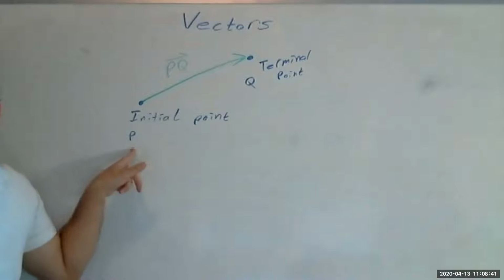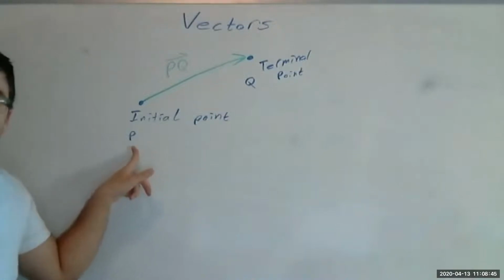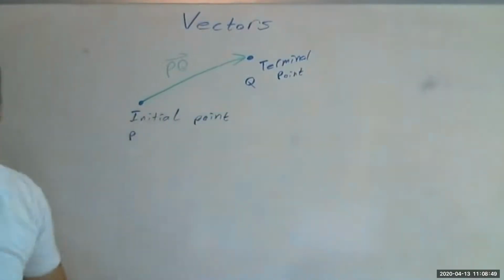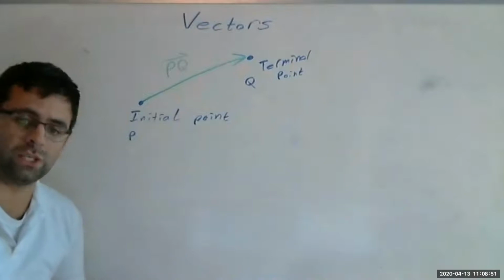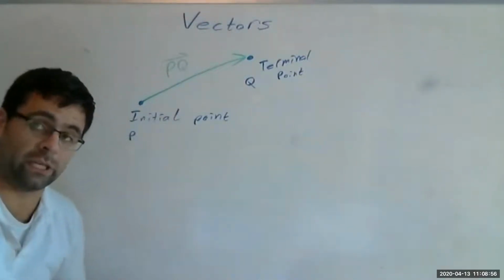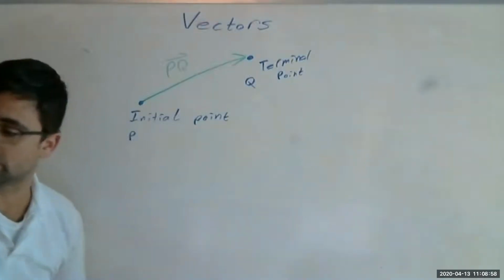And if you're going from some initial point P to some final point Q, how do you find the distance between point P and point Q?